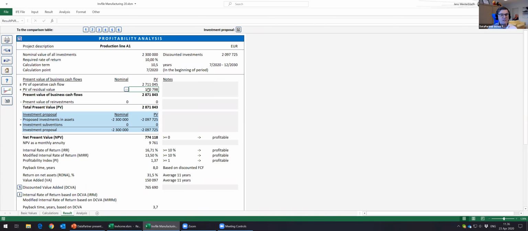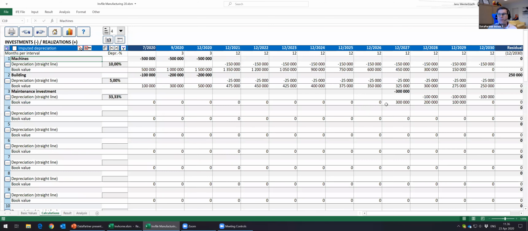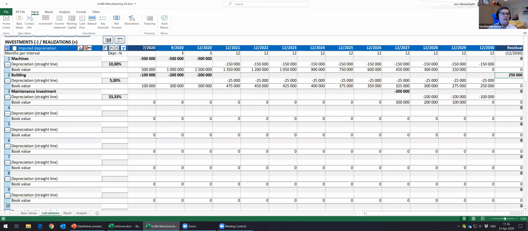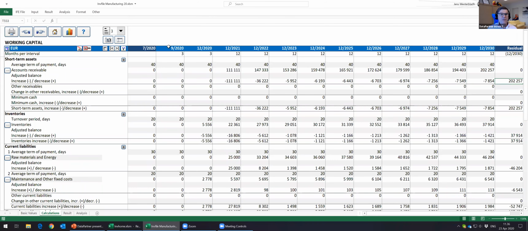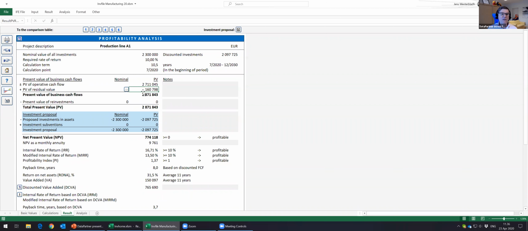So this net 160,000 is the present value of the building at the end, which was 250,000, plus the working capital, the received accounts payable, the used inventory, and the paid suppliers. So these are summed together and discounted to the beginning, so it gives 160,000. So the total present value of business cash flows is 2.8 million.